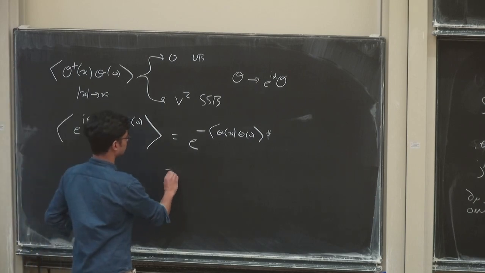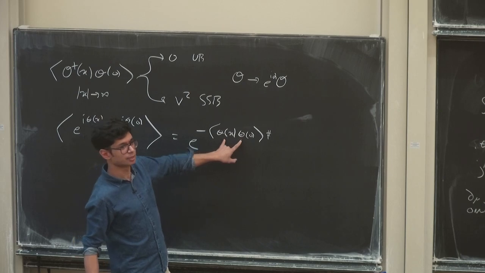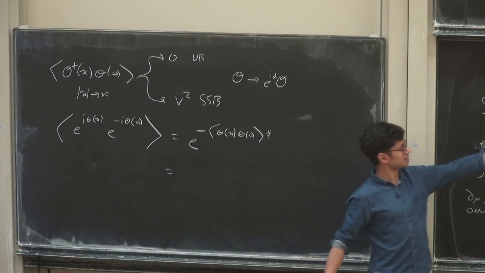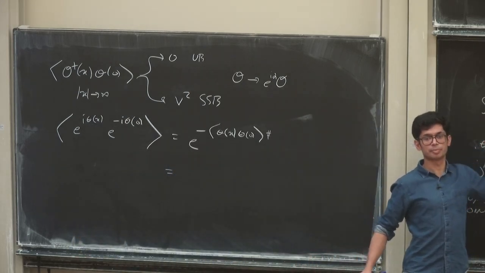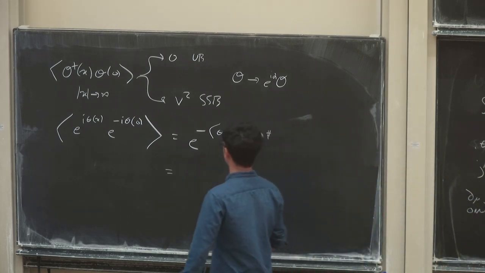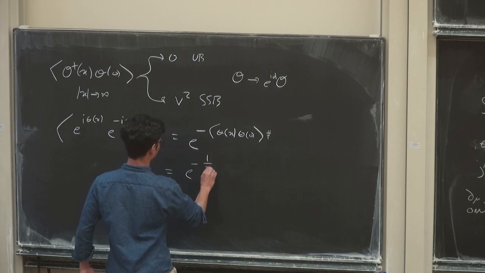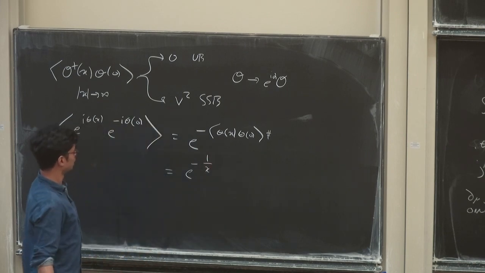And now let's compute the two-point function of theta of x, theta of 0 at spatial separation. Theta is a free massless field, which means that it decays like a power law. So what one is going to find is that this is e to the minus 1 over x. Is this 1 over x?